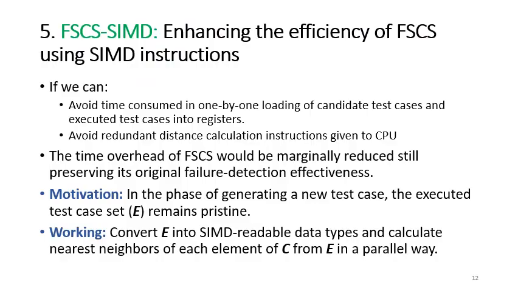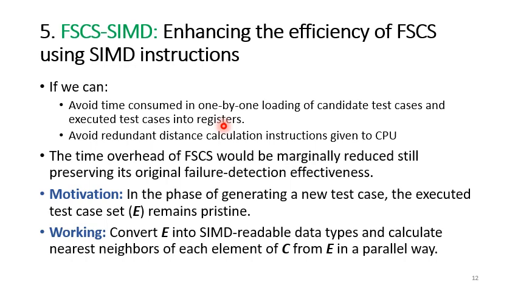We propose that if we can avoid the time consumed in one-by-one loading of candidate set test cases and executed test cases into registers, and avoid redundant distance calculations given to the CPU, the time overhead of FSCS would be markedly reduced, still preserving its original failure detection effectiveness. The primary motivation for the application of SIMD instructions to FSCS is that in the phase of generating a new test case, the executed test case set remains pristine.